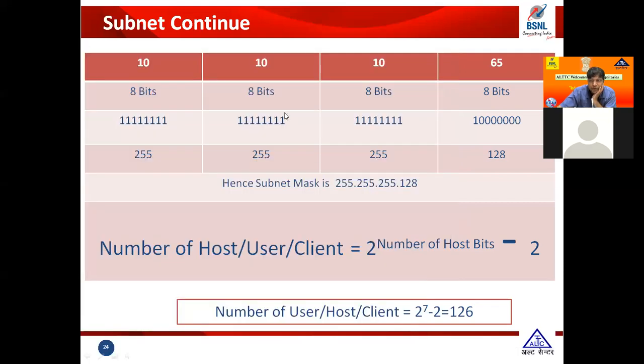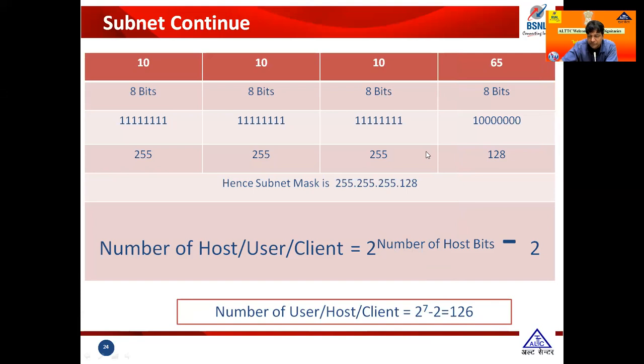In this case, for the calculation of the subnet mask, as per our discussion, all fixed bits make 1 and the remaining part is 0. So this fixed part we make 1. Subnet mask for this is 255.255.255, and solving the last octet gives 128. So this is the subnet mask.